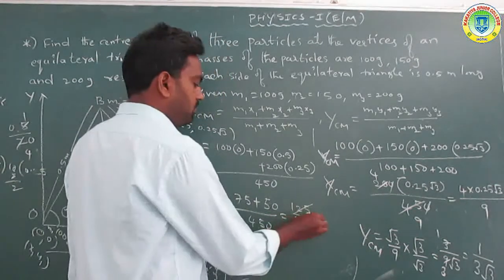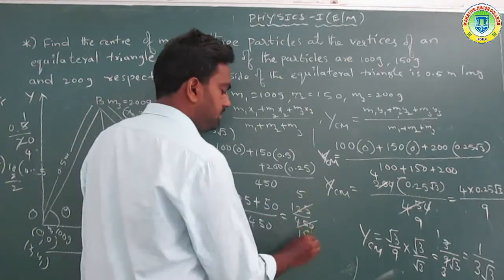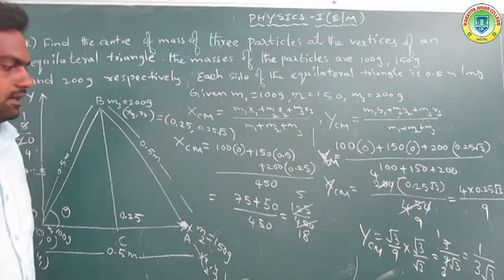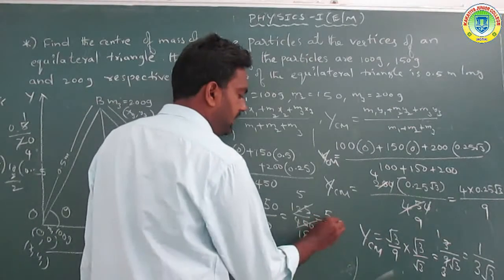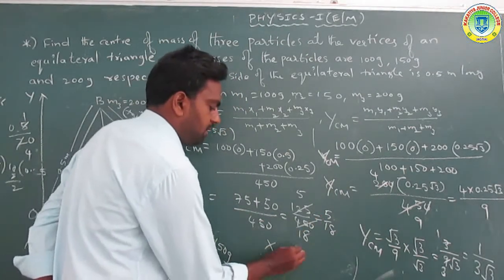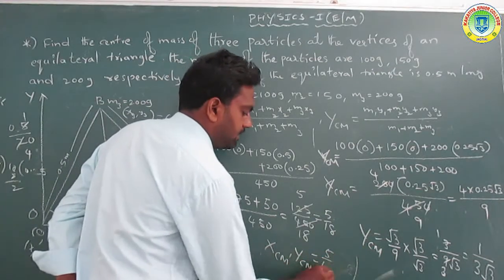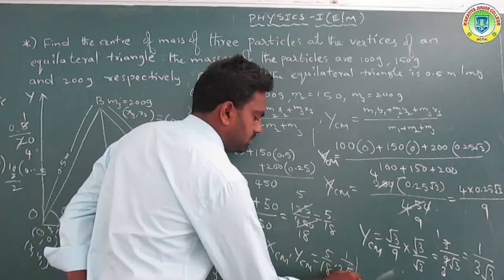Cancelling, 25 fives are 125 and 25 eighteens are 450, so it equals 5 by 18. So XCM, YCM is equal to 5 by 18, 1 by 3 root 3.